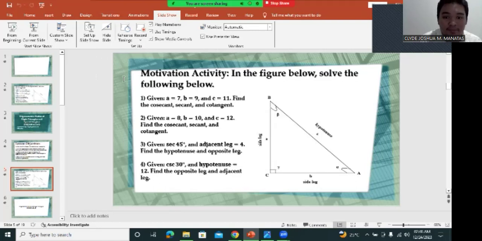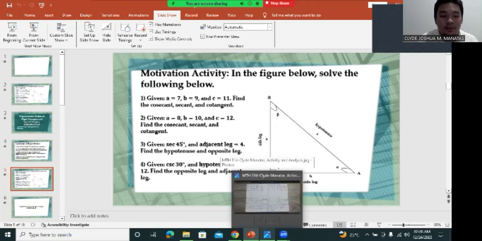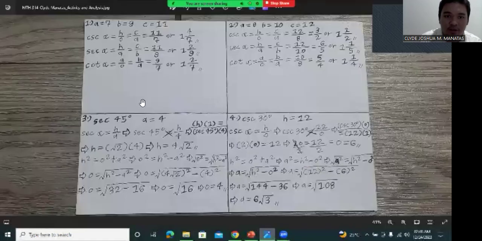So, how do we solve this problem in the right way? Very good, so we know all the correct answers. I'll show you the correct way of answering this problem. We know that A is equal to 7, B is equal to 9, and C is equal to 11.